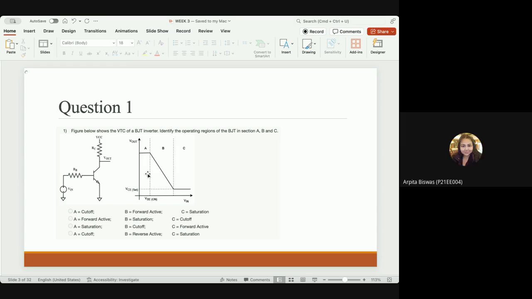So A is cutoff. And what about the B region? After the cutoff region, it will be in forward active mode, ma'am. There is a linear decrease there, and then after the limit, in the C region it becomes saturated mode. There is no increase or decrease in the voltage. Yes, this is the correct explanation. So option A is the right option.